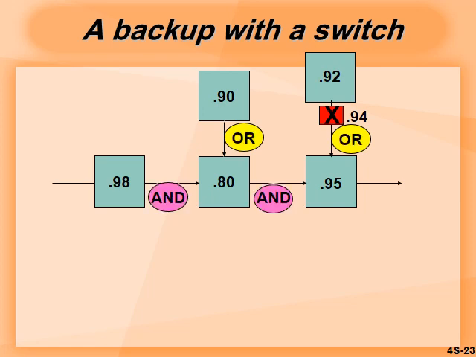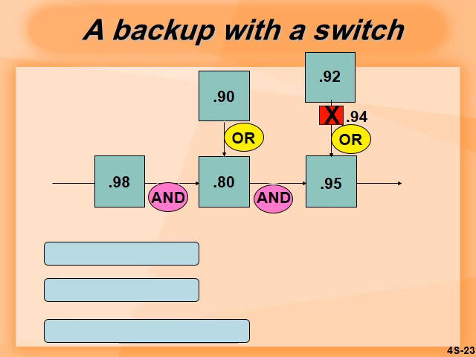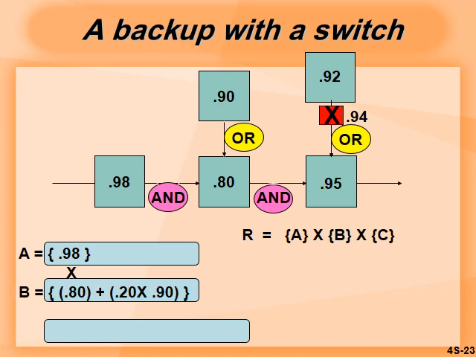The same previous problem, 3 boxes for A times B times C, A with success 0.98 times B 0.80 plus failure 0.2 times success 0.9 plus all that change will be located in part C. Either the original performs with success 0.95 plus what may happen, failure of the original times success of the switch times success of the backup.